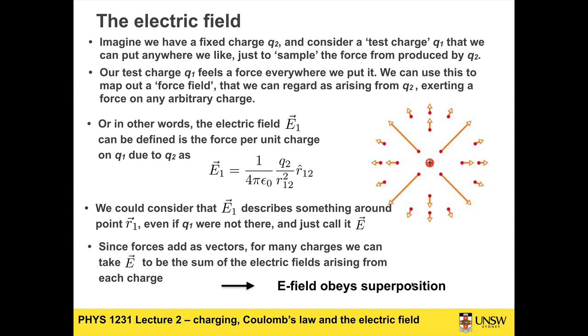And rather than doing all the bookkeeping involved in calculating forces, we'll be able to calculate the electric field. In fact, we'll soon see what are known as Maxwell's equations, and they will tell us about the properties of the electric field and how to calculate it when charges are around in a very general sense. So the electric field becomes very fundamental for us, in Physics 1B, but more importantly in this course.